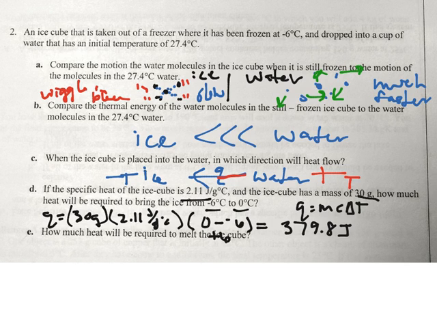And then E is how much heat is required to melt the ice cube. So remember, there's no temperature change. If there's no temperature change, the equation we're looking at is mL. To do this, you would have to know that the latent heat of ice is 334 joules per gram.